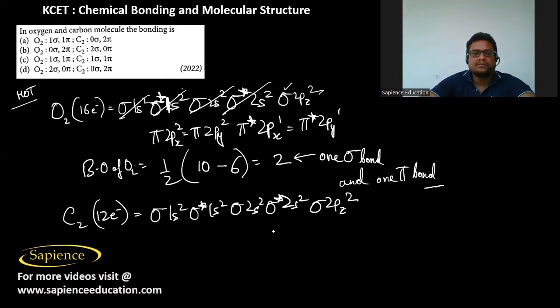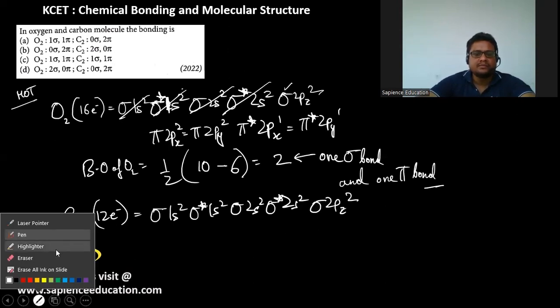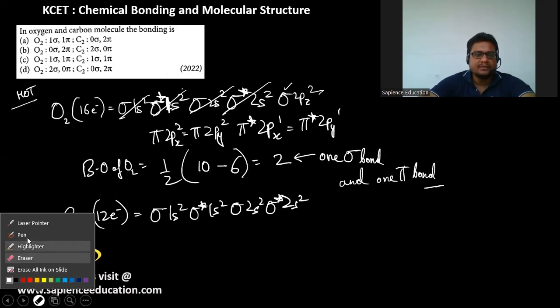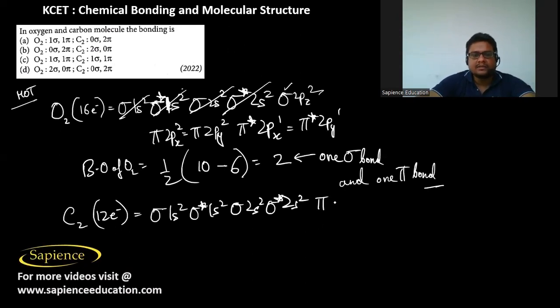Here carbon is before nitrogen, so first we have to fill pi 2px and pi 2py, then we will fill sigma 2pz. So first we will write pi 2px2 equals pi 2py2.